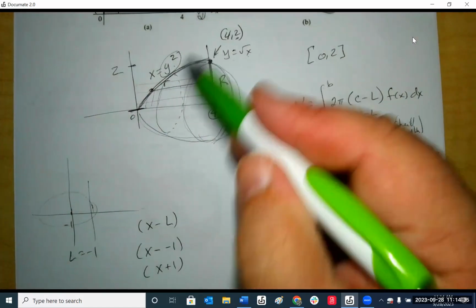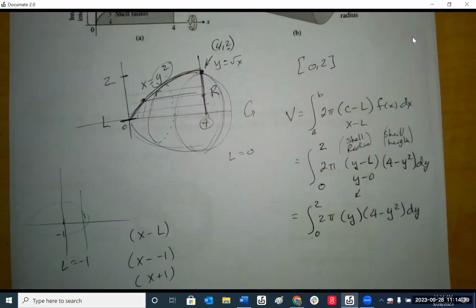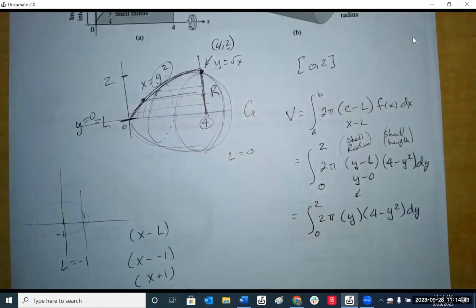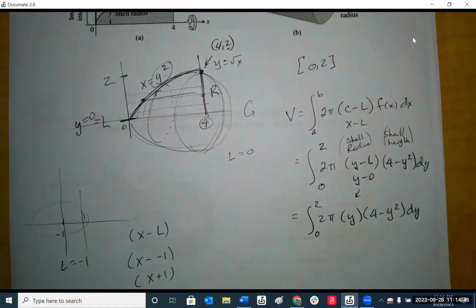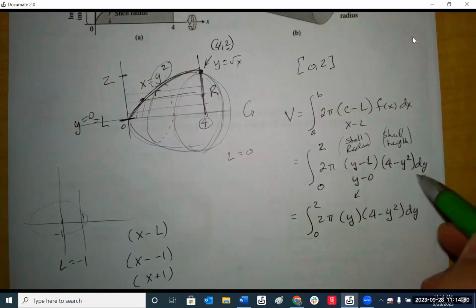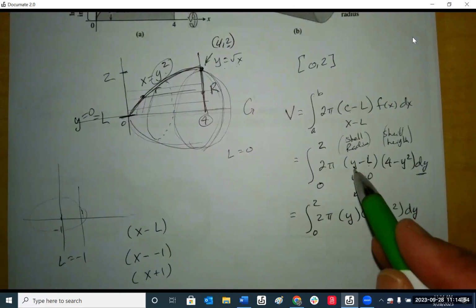Since we're rotating around the x-axis, our L is the x-axis. This is where y equals 0. The x-axis is where y equals 0. And since we're integrating with respect to y, we have y minus 0.